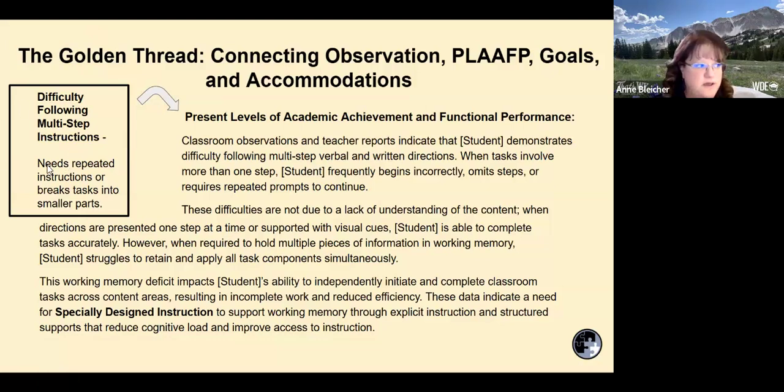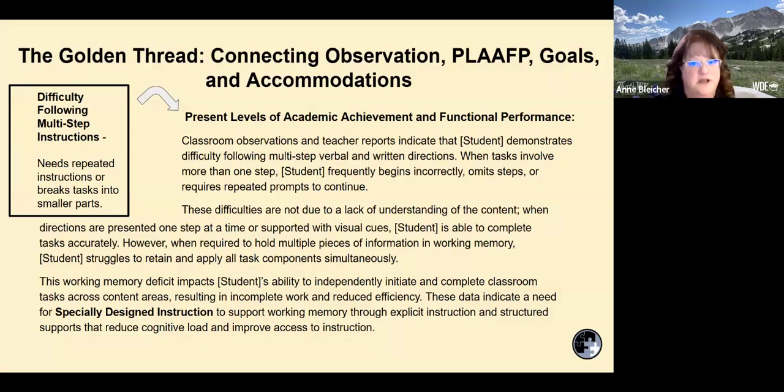In this example, the observation is that the student has difficulty following multi-step directions, so they need repeated instructions or tasks broken into smaller parts. That golden thread really begins with what we observe in the classroom, not necessarily with what the test score says or what we think services should or shouldn't be.